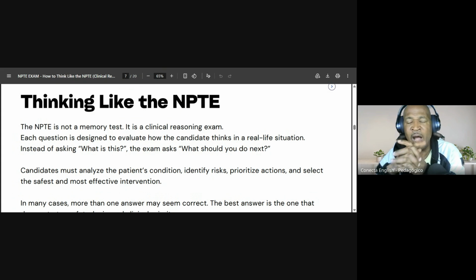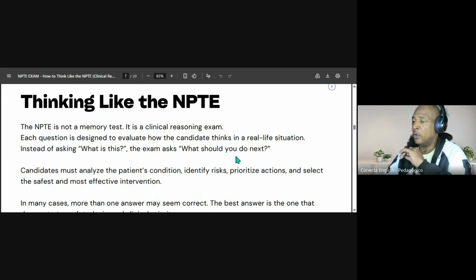So there are scenarios. You're given multiple choice answers, and they ask, what should you do next? You must analyze the patient's condition, identify the risks, prioritize your actions, and select the safest action or the most effective intervention for the patient. Patient safety is the priority.